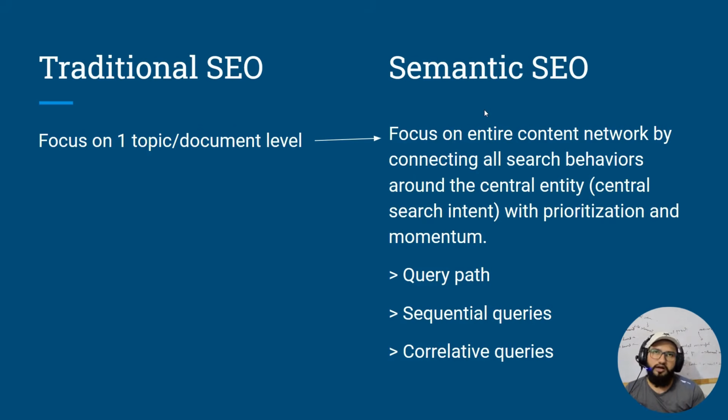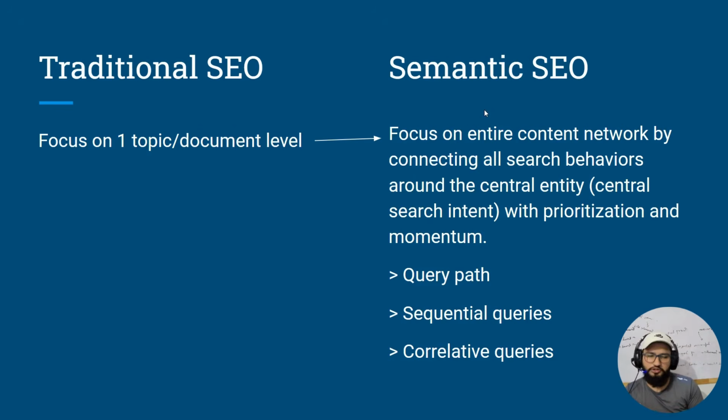I'm getting the headings from the top pages who are already ranking, and tweaking their headings, rephrasing them by using synonyms, etc. So I'm just focusing on one page, using traditional SEO tactics.